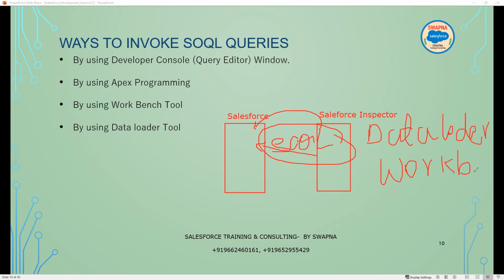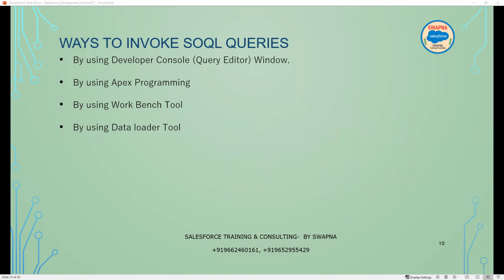It first connects to Salesforce, and once connected, if it wants to pull data from Salesforce, it has to use SOQL. So for any applications connected to Salesforce that want to pull data, SOQL has to be used. By using SOQL, we can retrieve the data.